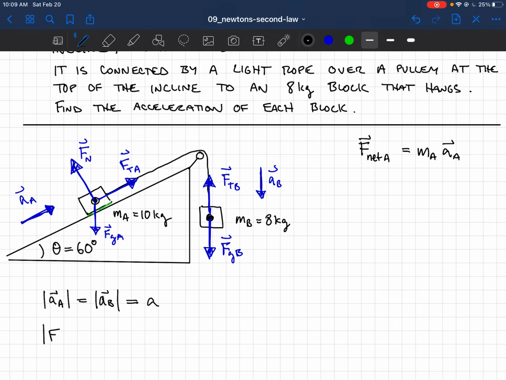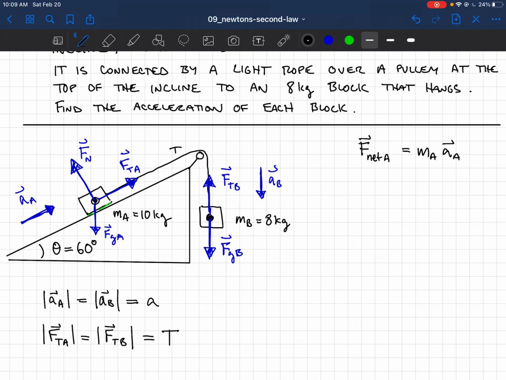So I have an additional statement: the magnitude of the force of tension A is equal to the magnitude of the force of tension B, and again I can give it a single name. We'll call it the tension in the rope.